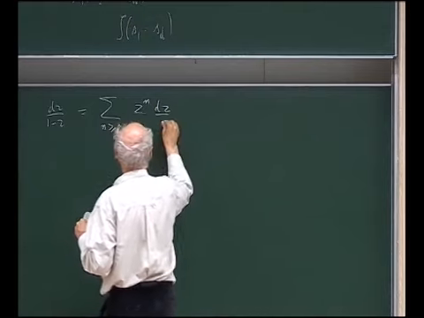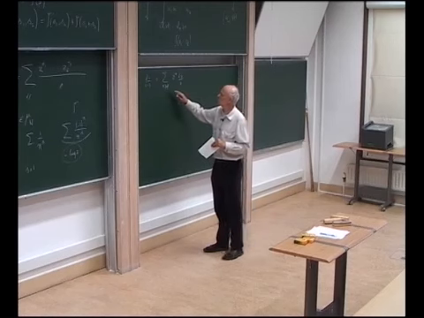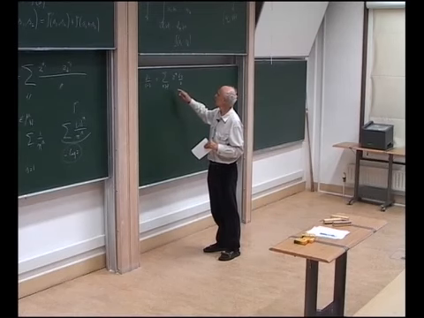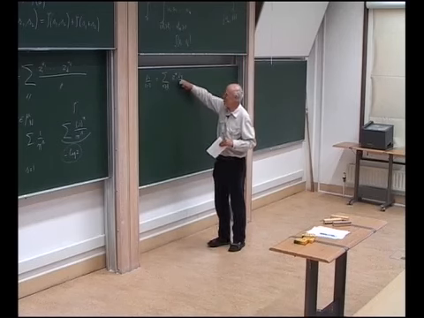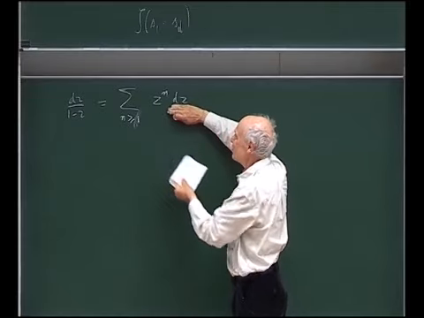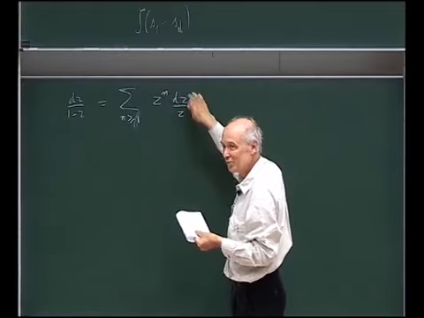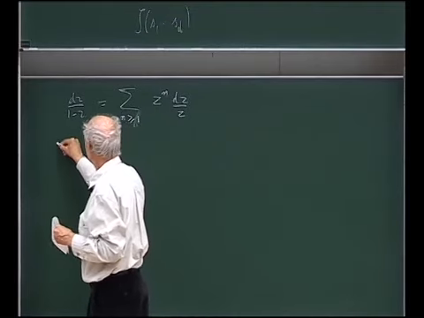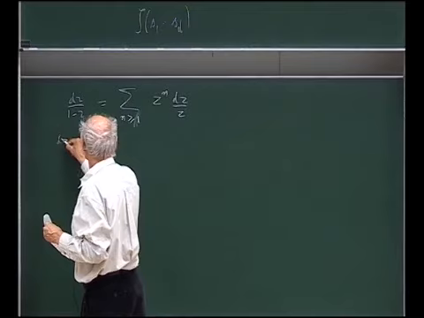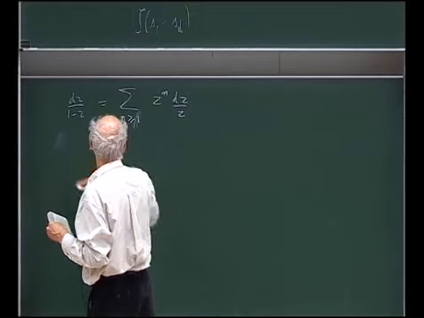You write it as the summation over n at least equal to 0 of z^n dz, or n at least equal to 1 with dz over z, which I prefer.